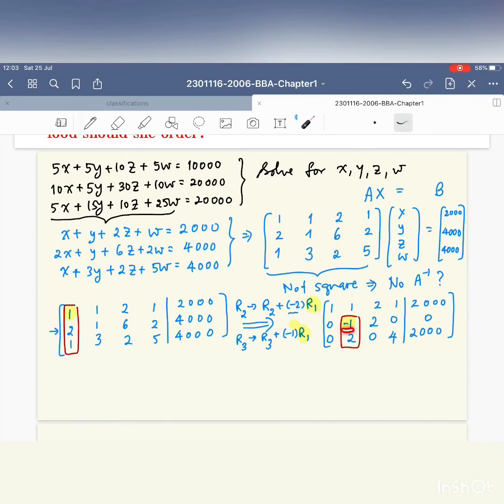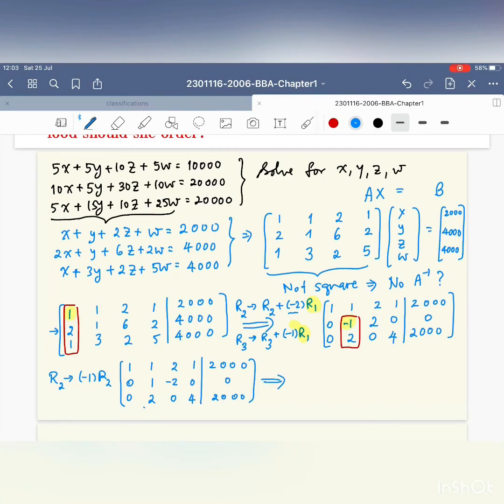However, the first thing you need to do is change this one into a 1 by simply multiplying. So your R2 becomes negative 1 R2. So you have this one the same. This one is 0, 1, negative 2, 0, and a 0. This one will be the same as well. And you need to get rid of this, right?